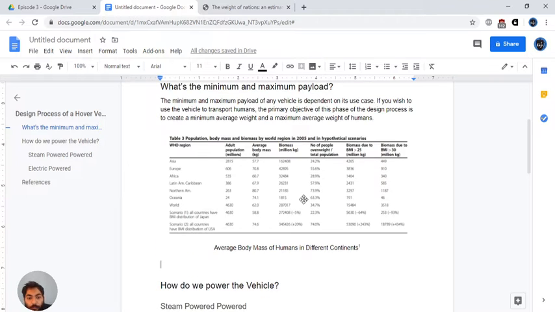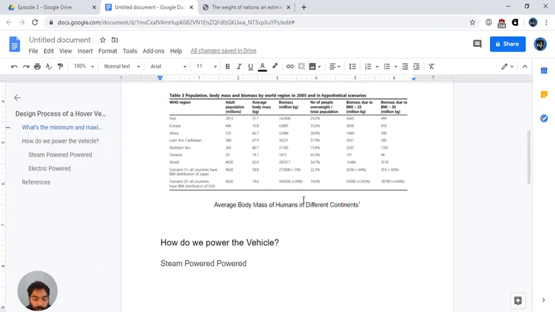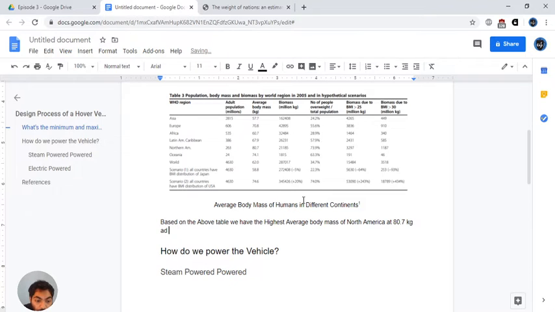So now what I've done, based on the above table, is take the highest average body mass of North America at 80.7 kilograms, and the lowest.